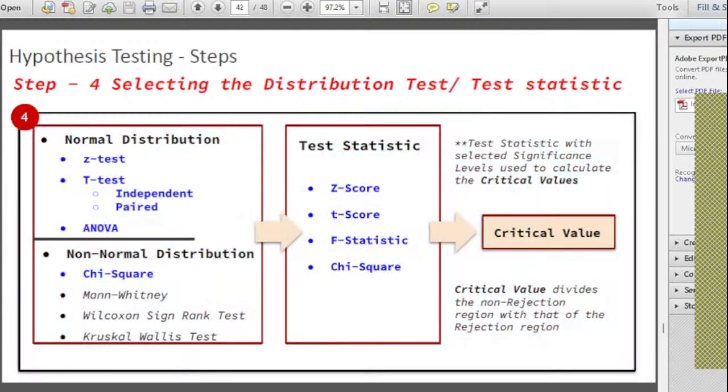First, let's understand when we use z-test, t-test, ANOVA.